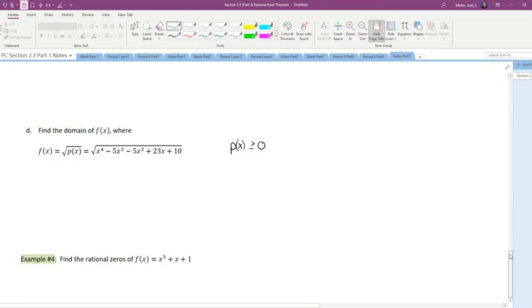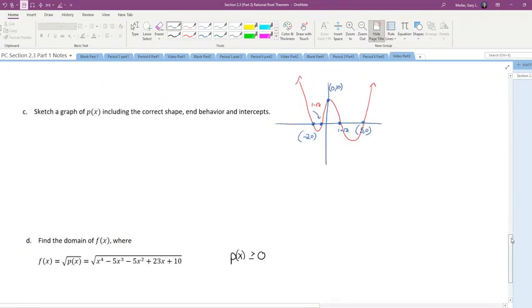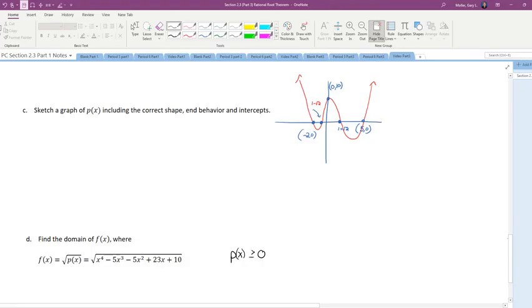If you recall, we just graphed it, and there it is. So p of x is this picture, and I want to know when it is bigger than or equal to 0, because whenever it is, that's part of the domain because I can take the square root. So it looks to me that the domain is all the x's such that x is an element of -infinity to -2, and actually -2 is included, so let's square it off.